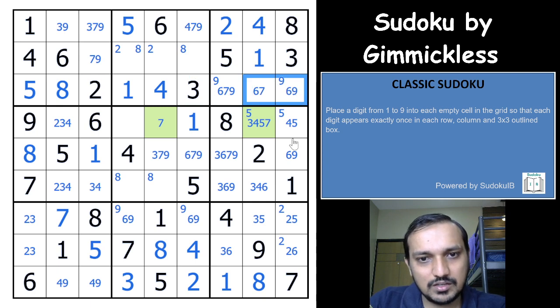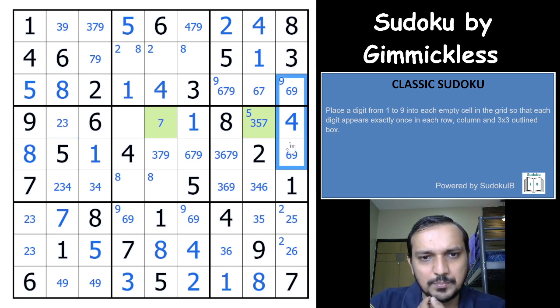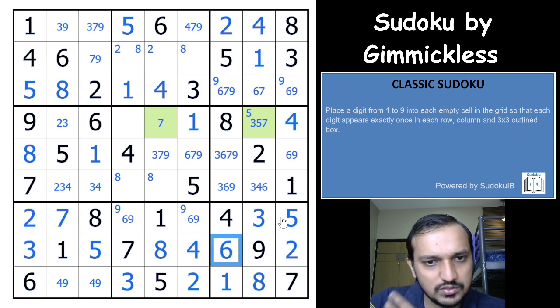let's see, 4 cannot be here. This cell cannot be a 4 here. So this is a 4. That eliminates 4 from this cell. You have a 6-9 pair here, which means this cell would have to be a 5, this cell would have to be a 2, 3, 2, 3, 6.